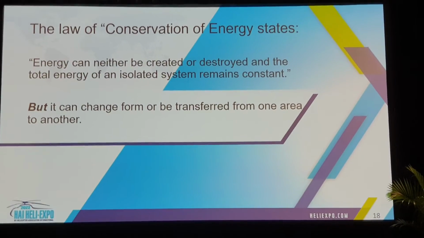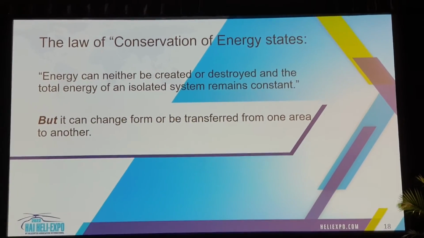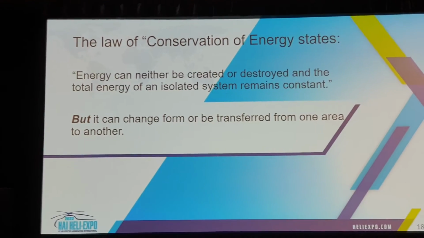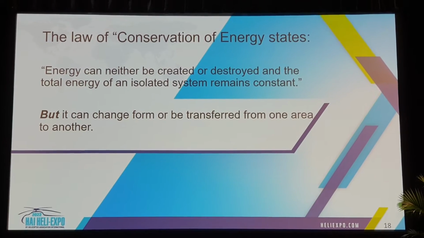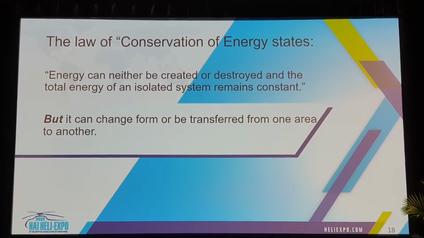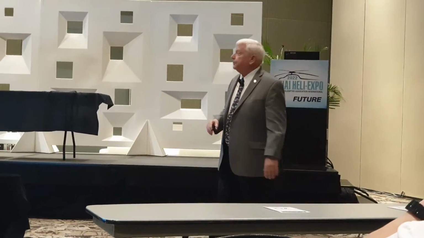The amount of energy you have at that point is all you're going to get. Nothing you can do after that engine fails will increase the amount of energy that you have. So you might want to think about that when you choose what altitude or what airspeed you're going to fly at, because you'll be an isolated system once that engine quits.